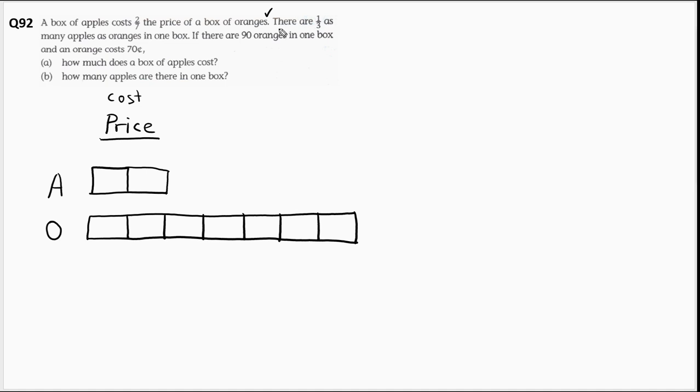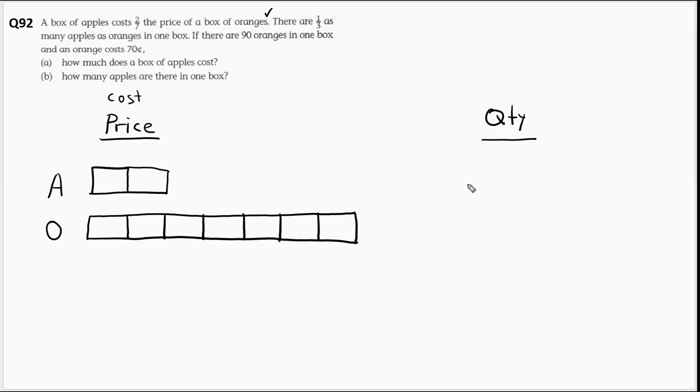Right. Now what are we told? There are a third as many apples as oranges in one box. So now we're going to have a model that's about the quantity, and often quantity is abbreviated to QTY. So this is the number of apples or oranges in a box, and this is a completely separate model with separate units than this one. So there are a third as many apples as oranges.